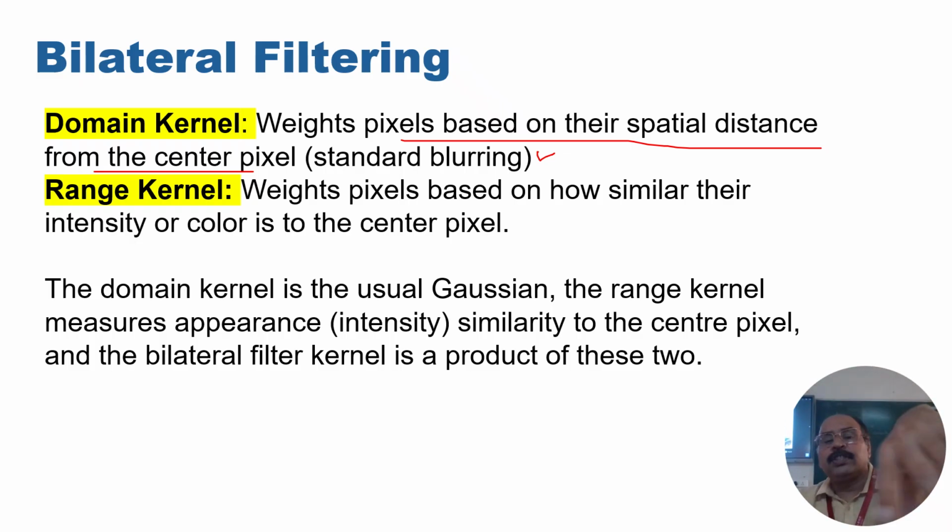In the first case, you look at the distance between the center pixel and the other pixels around it. In the second case, you compare how similar these values are. For example, if you take an image with a background, certain areas will be fully the same, with no change in the values. So these are similarities in intensity and other aspects of the image.